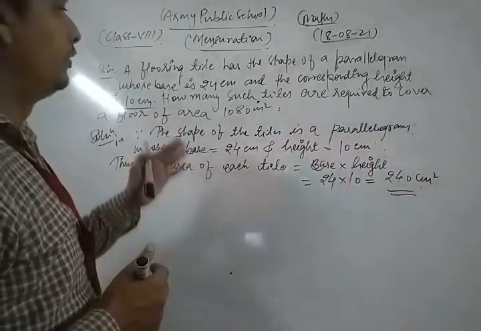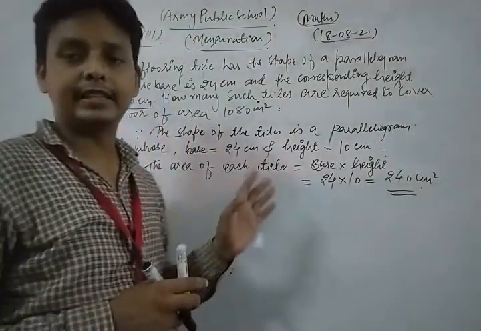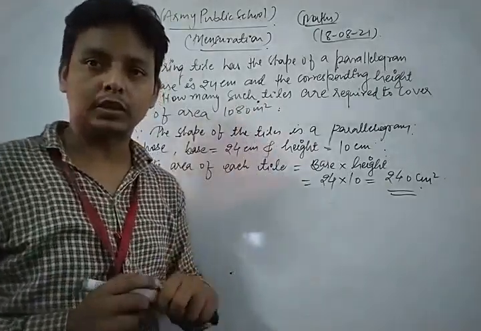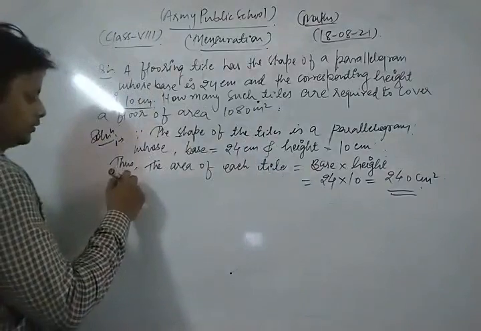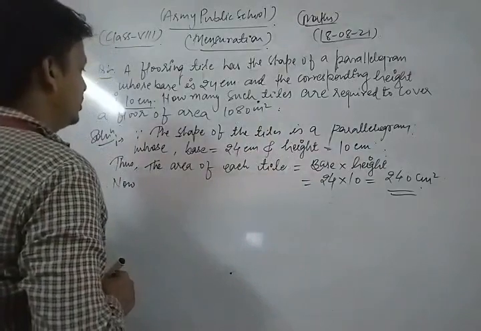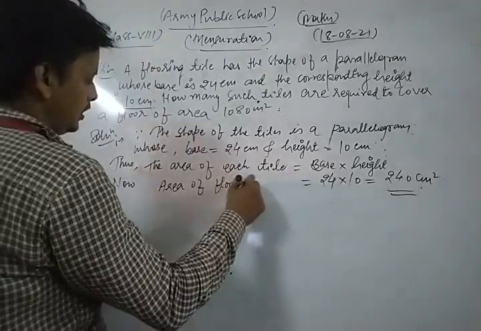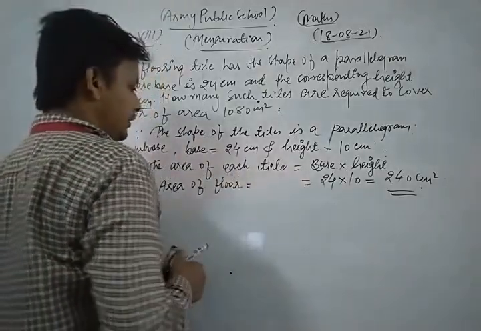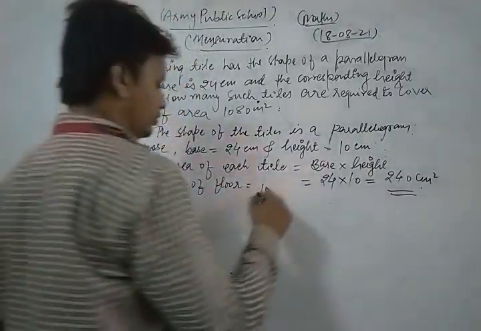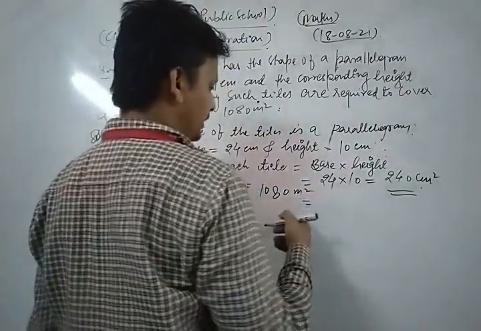Okay, now we find how many such tiles are required to cover the floor of this area. The area of the floor is given as 1080 meter square. First of all, we convert it into centimeter square. In 1 meter there are 100 centimeter.